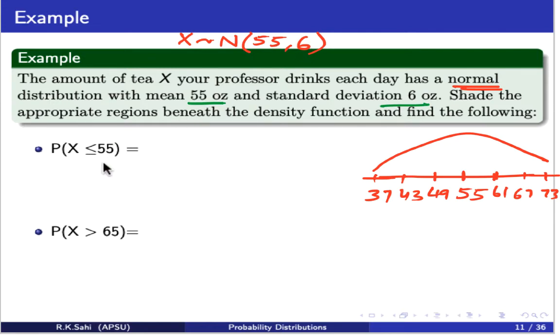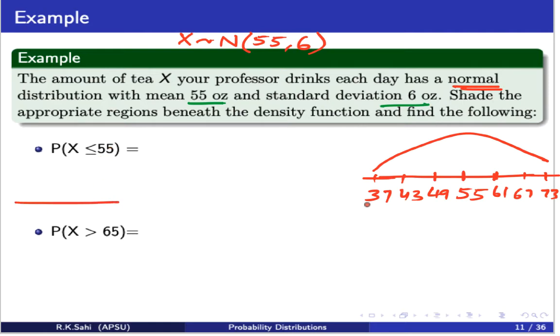Now let's look at the problems given to us. It says shade the appropriate regions beneath the density function. Remember, the density function gives probability, and that's how the questions are, and find the following. When I want to find the probability that x is less than or equal to 55, what would be the curve?